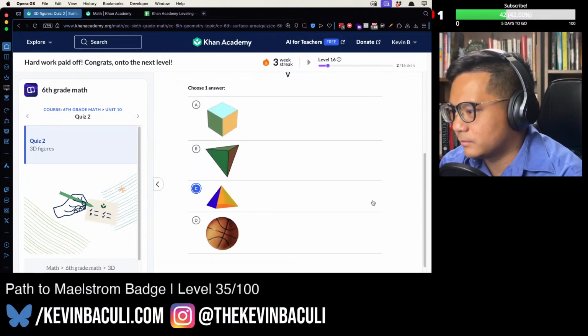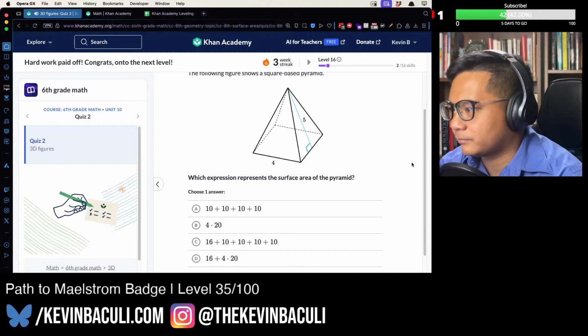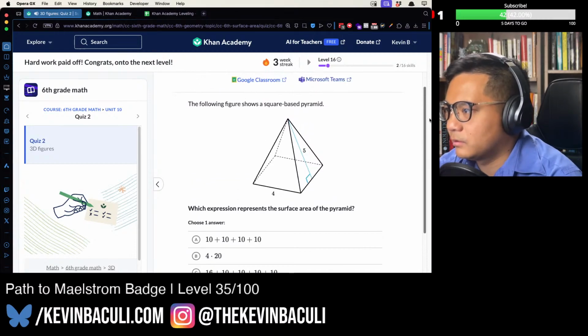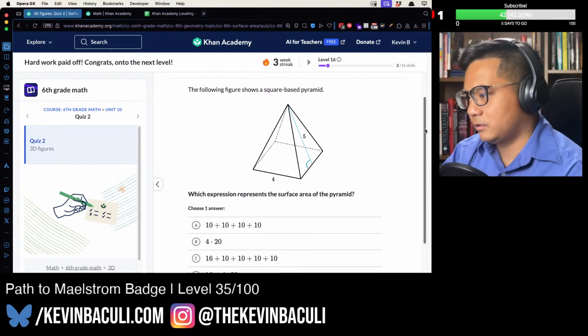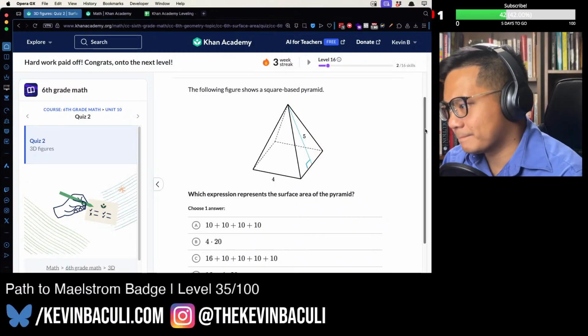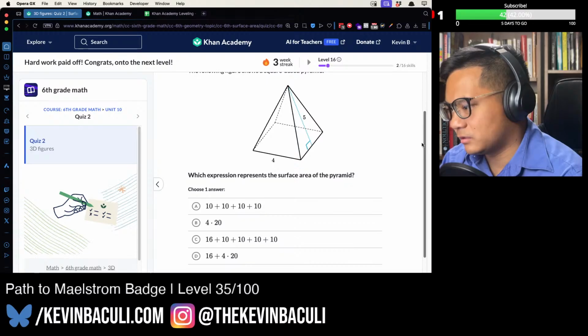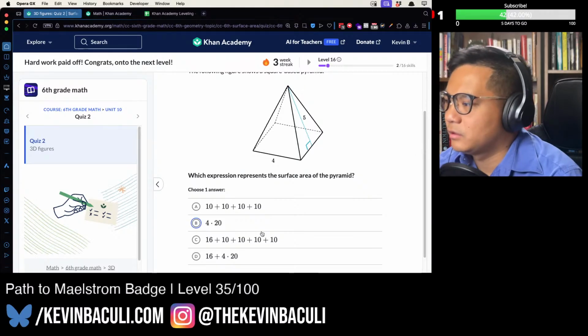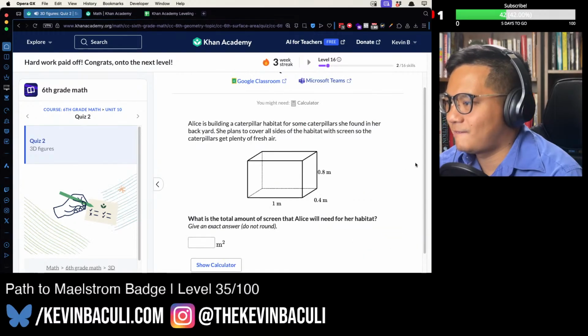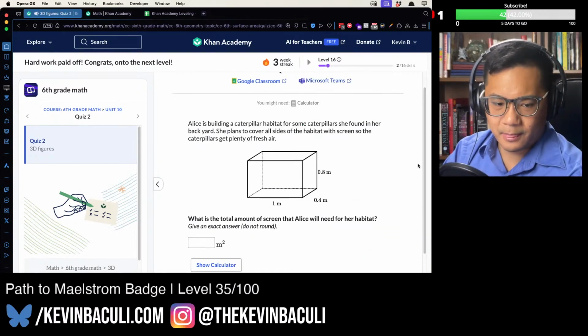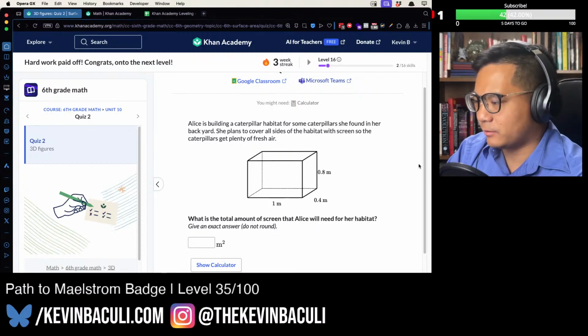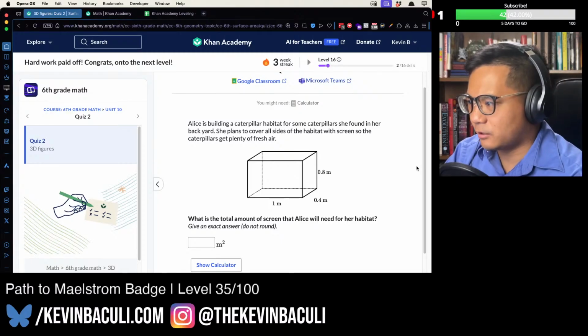Square pyramid. $16. Alice is building a caterpillar habitat for some caterpillars she found in her backyard.